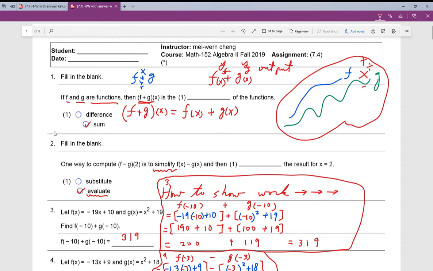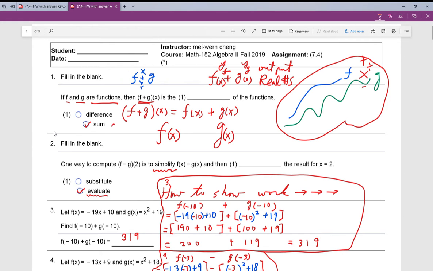Okay, so outputs, mathematically, are real numbers. So it's not hard. I ask you to add two real numbers. So nothing new. Now something scary is when you see f plus g. Again, we don't have f, but we do have f of x. We don't have g, we do have g of x.